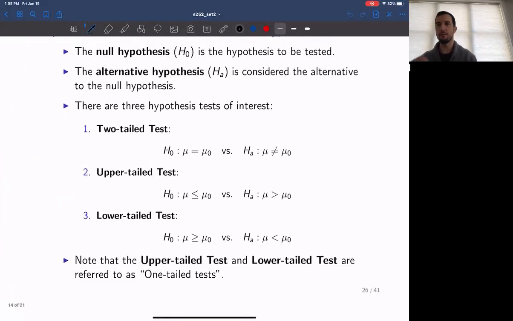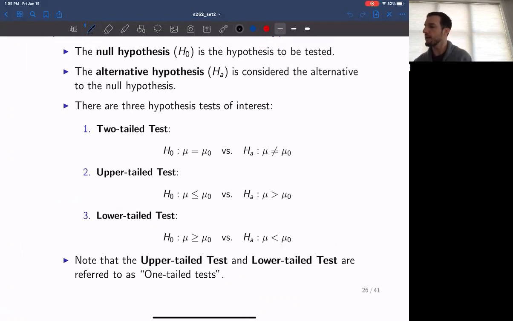So as I mentioned before, there are actually 3 different types of hypothesis tests that we can consider. They are usually referred to as the two-tailed test, the upper-tailed test, or the lower-tailed test. The rationale for their names is based off of the alternative hypothesis symbol.